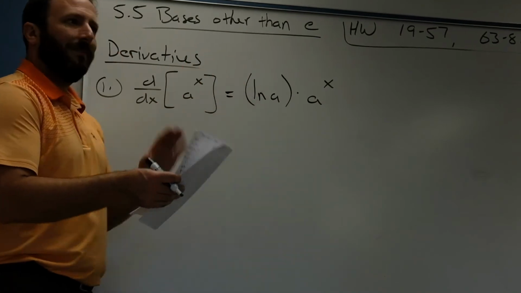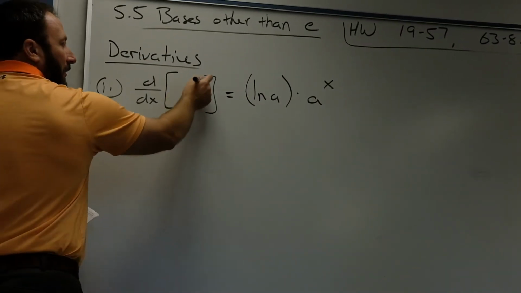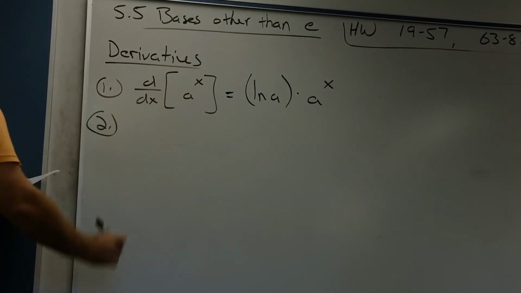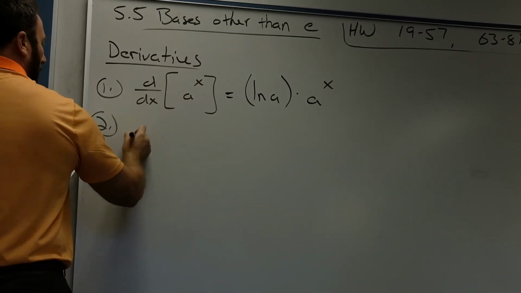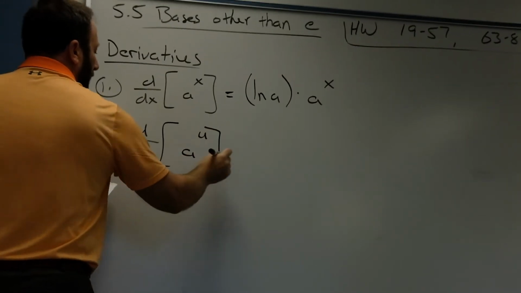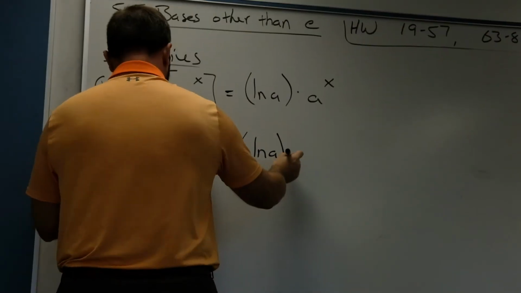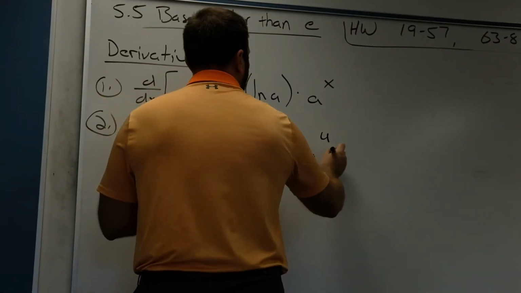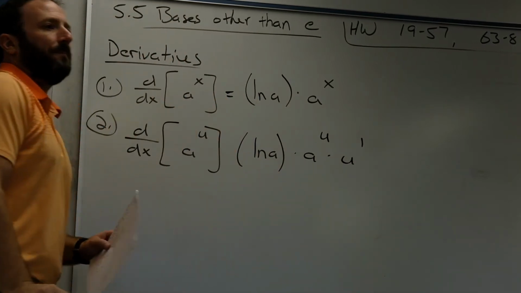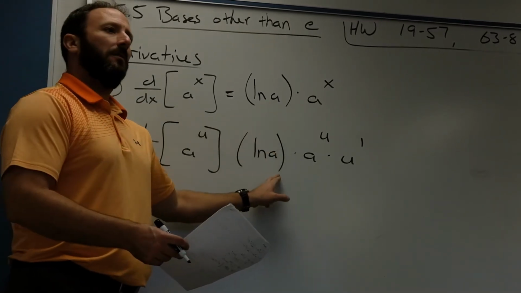So this is the more general form, instead of the specific case for e to the x. Second one, we have the derivative of a to the u. Well, this is going to be ln of a times a to the u times u prime. Which should make sense. I mean, we're just adding an ln of a here. That's it.